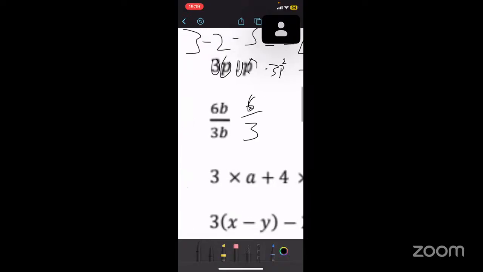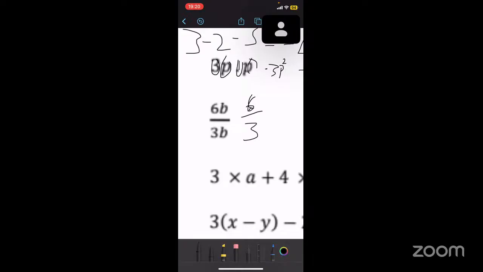Perfect. So we're gonna start off by dividing the numbers. We are dividing the numbers because there's nothing between the numbers.